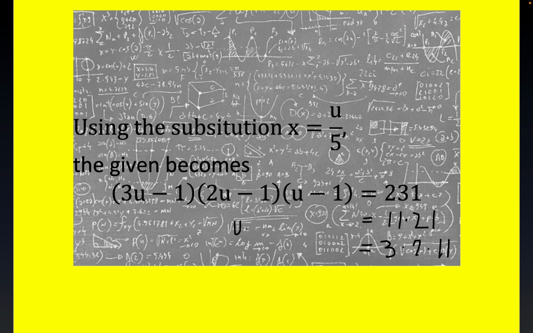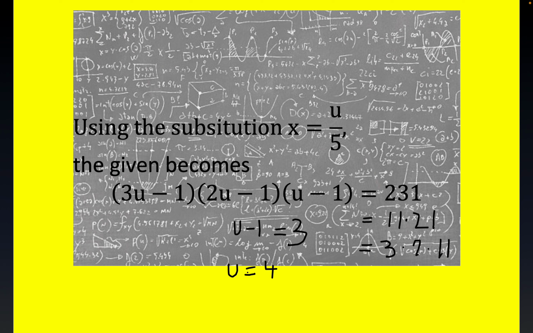You could work with any of the factors, but remember, the prime factorization is unique. So u minus 1 has to equal 3 here, and that certainly implies u is equal to 4. You can try that with all the others, and you can see it works out nicely.